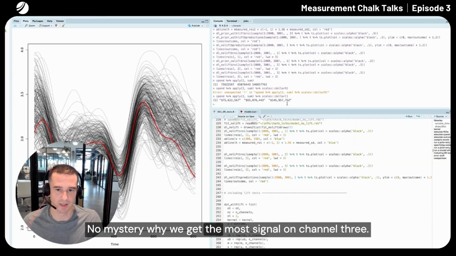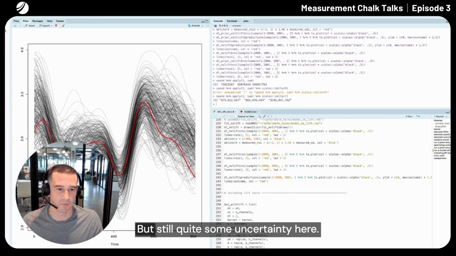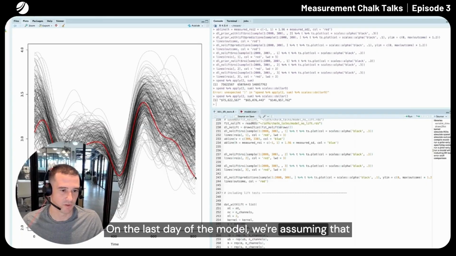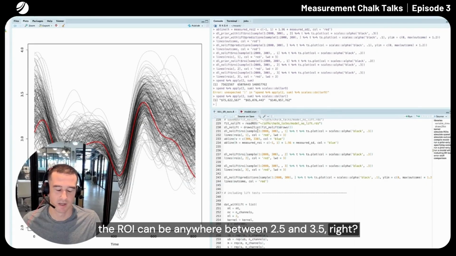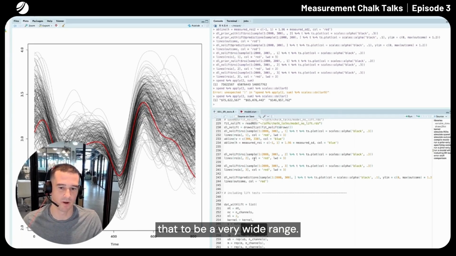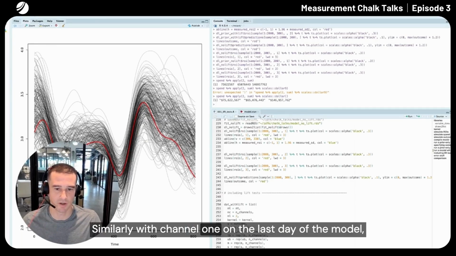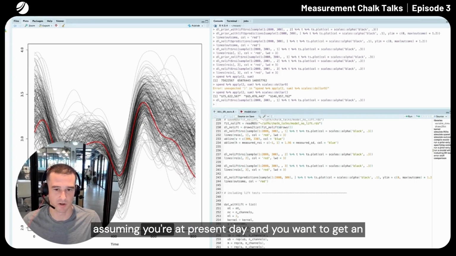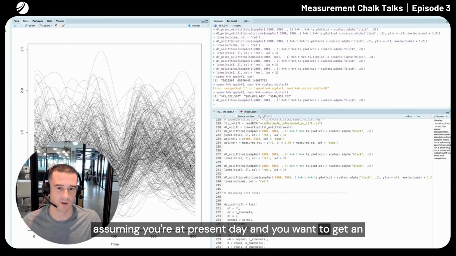No mystery why we get the most signal on channel 3, but still quite some uncertainty here. Now, on the last day of the model, we're assuming that the ROI can be anywhere between 2.5 and 3.5, right? I think a lot of people might consider that to be a very wide range. Similarly, with channel 1, on the last day of the model, assuming you're at present day and you want to get an estimate of the ROI, you'd say it's between 0.5 and 2.